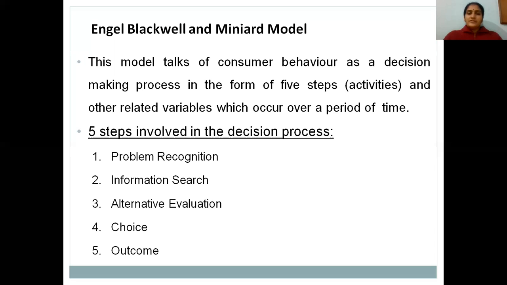Once the alternatives are evaluated, we select a particular alternative, that is, the choice is made. And finally, when the choice is done, comes the outcome. So these are the 5 steps involved in the decision process under this model.